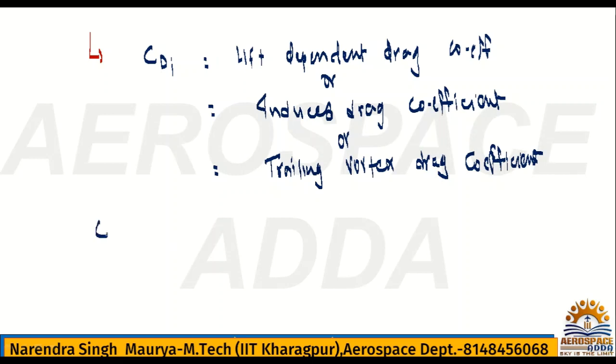Now this CDI mathematically is given by the formula K CL square. What is the CDI? It is K CL square. What is the K? K is basically a constant.